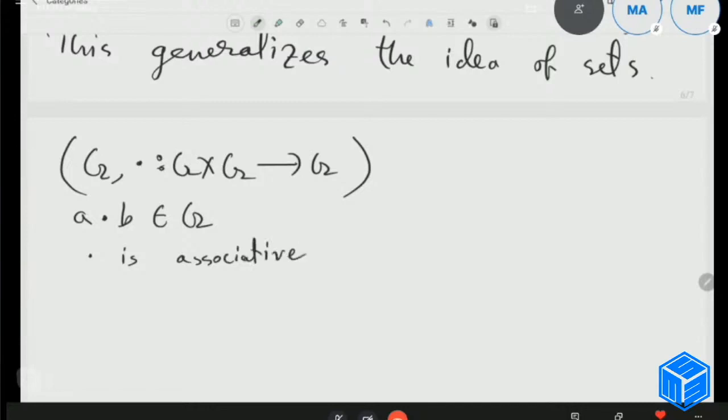And then there exists some element E in G such that E times A equals A times E equals A for all A in G.